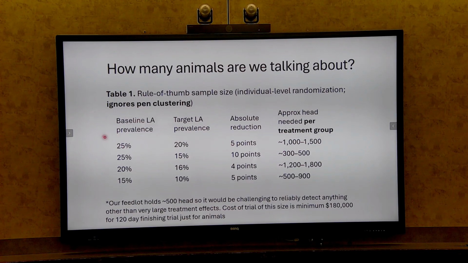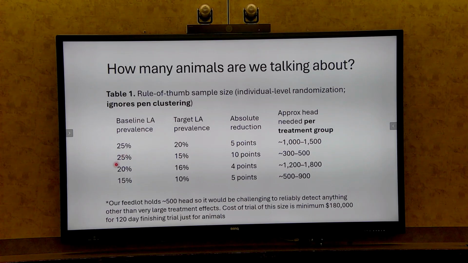So if we're looking at a baseline amount of liver abscesses from, say, 25% to 20%, so a 5% reduction, we would need 1,000 to 1,500 animals per treatment. So you'd have your experimental treatment plus your control, so you'd need 2,000 to 3,000 head.